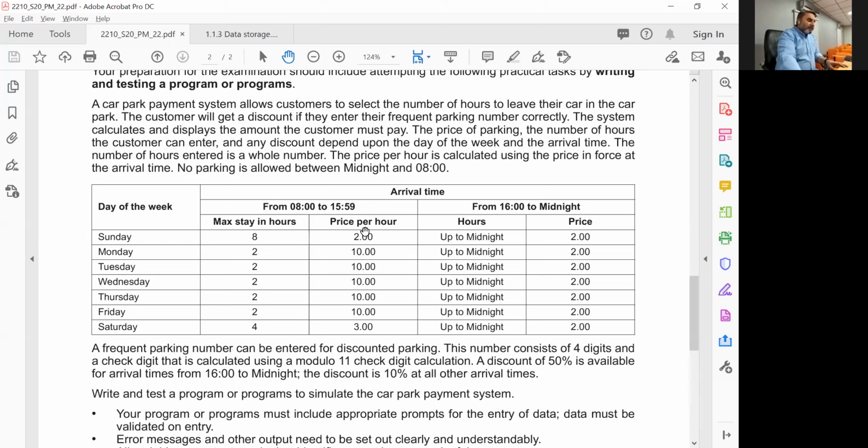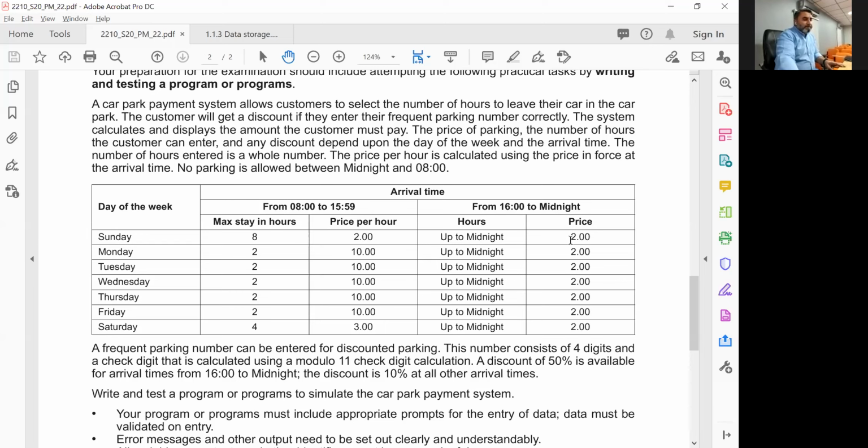Over here, this table says that if someone arrives in first half, which is from 8 to 1559, the prices per hour will be charged. Whereas in here, if someone arrives from 1600 hours onwards, price per hour will not be charged. Rather, there will be a simple single charge of 2.